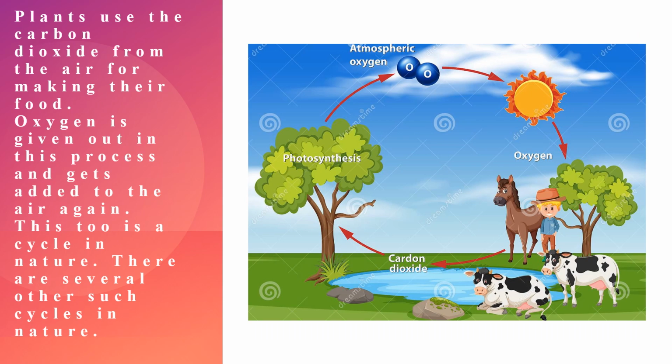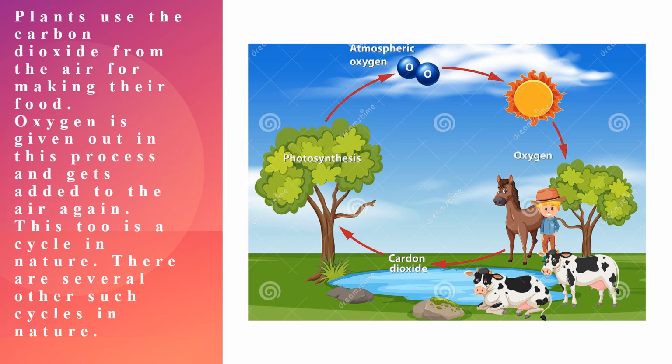Plants use the carbon dioxide from the air for making their food during daytime. Okay, so during daytime, whatever carbon dioxide is released by other living organisms, it is utilized by plants for making their food. So oxygen is given out in this process and gets added to the air again.